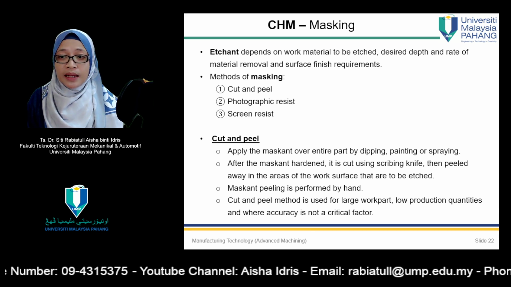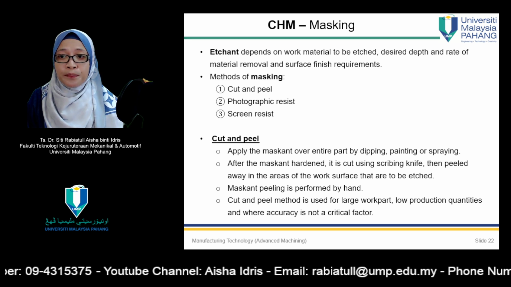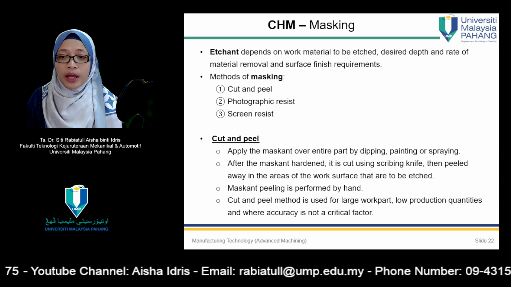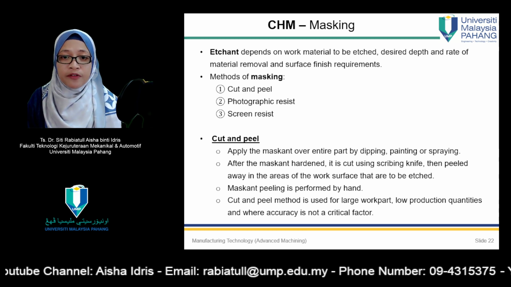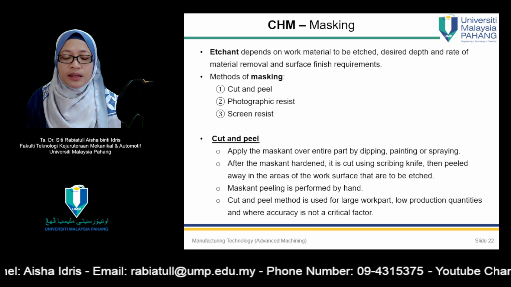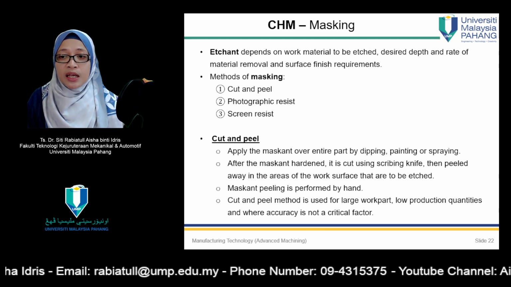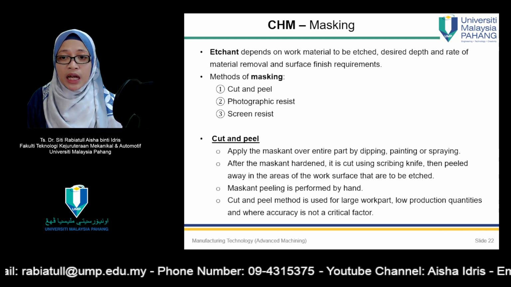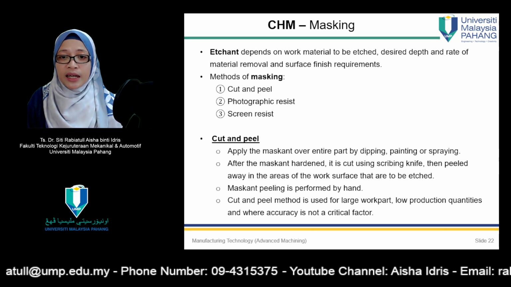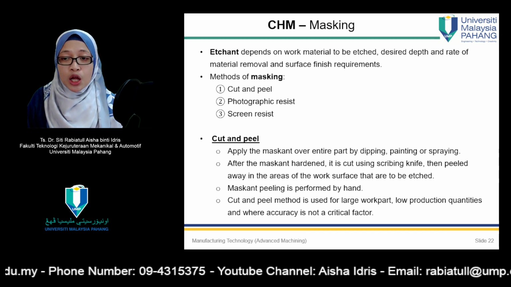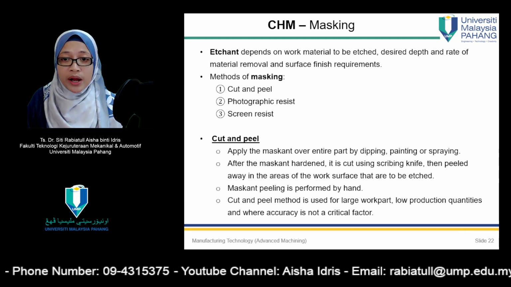After the masking has hardened, it is cut using a scribing knife and peeled away in the areas of the work surface that are to be etched. The masking cutting operation is performed by hand, usually guiding the knife with a template. The cut and peel method is generally used for large work parts, low production quantities, and where accuracy is not a critical factor.